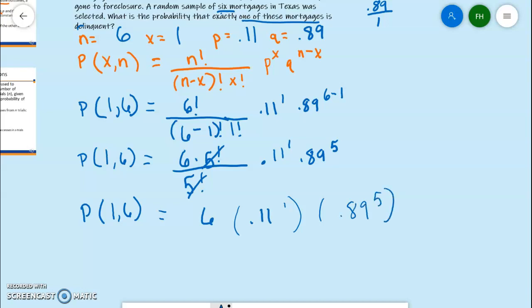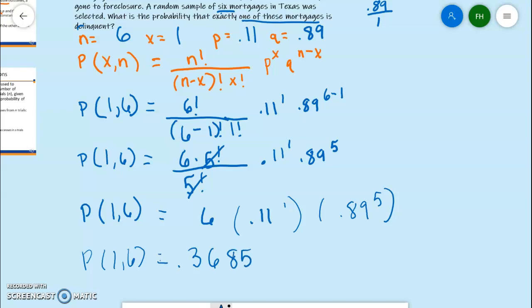If you put that in your calculator, you will get, rounding to the 4th decimal place, 0.3685 as your probability.